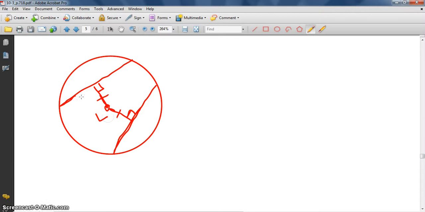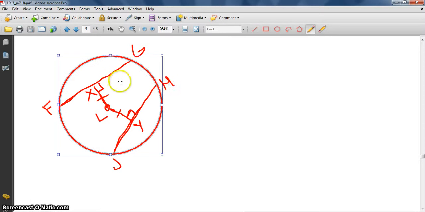So we'll call this circle L, and call this F, G. Call this point X, and this point Y, J, and H. Okay, I'm also going to pencil in just a couple of lengths that we're going to consider in this proof.